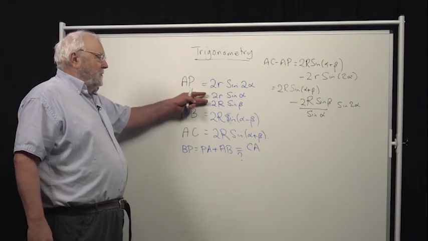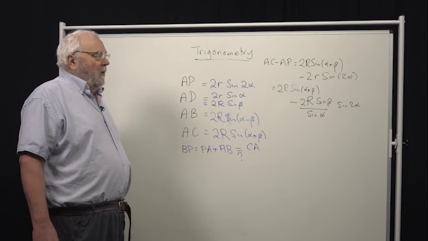So I've simply used the expression for AD to get rid of the little r.